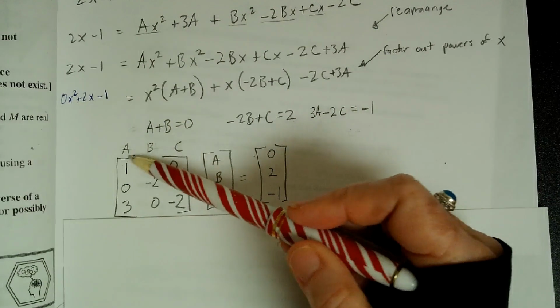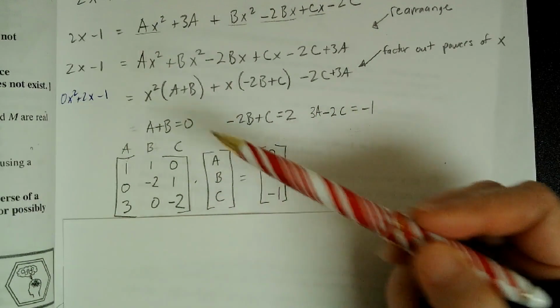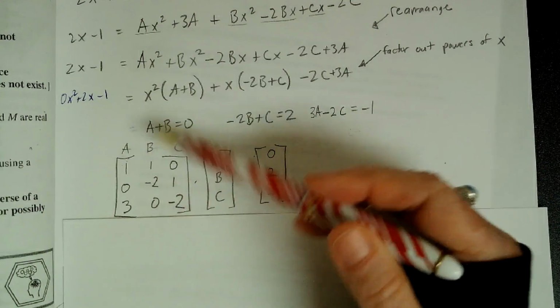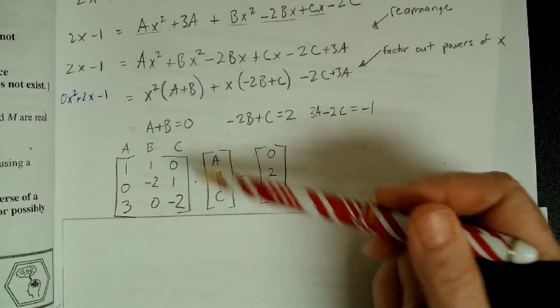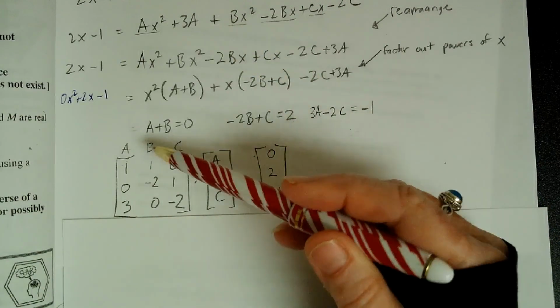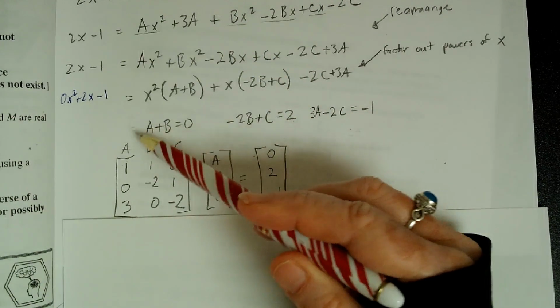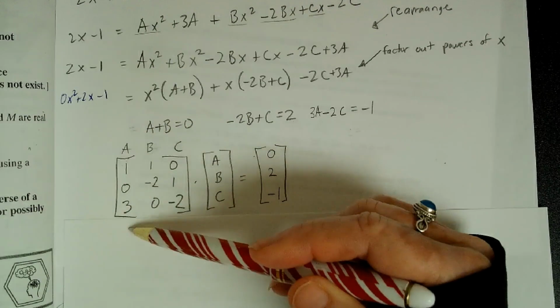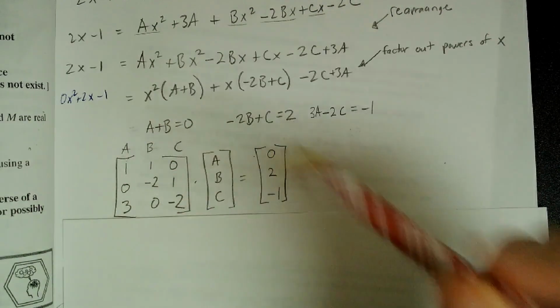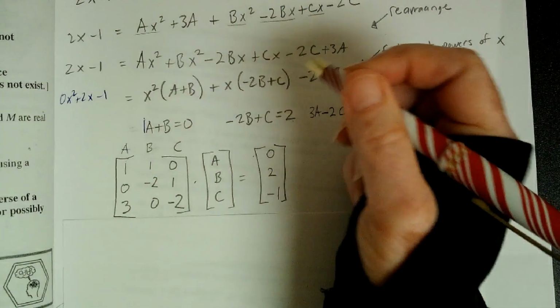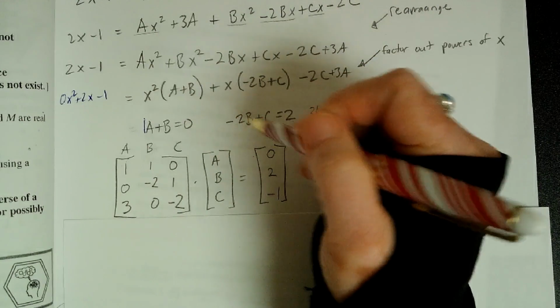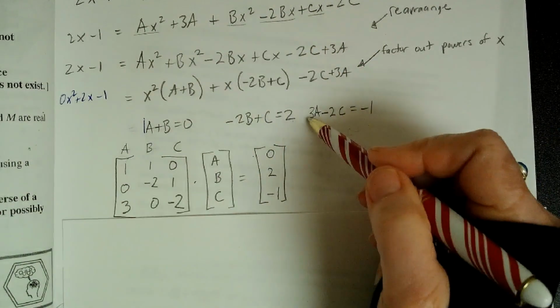I decided to make an A and a B and a C column. And then, what did I do here? Okay, so I want all the coefficients of A in my column. So this is like 1A, right? And then this one doesn't have an A, so that would be 0A. And then this one has 3A, so there's a 3.